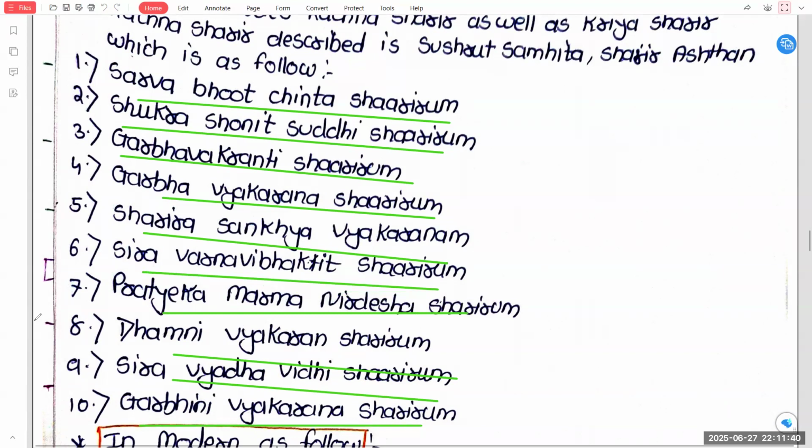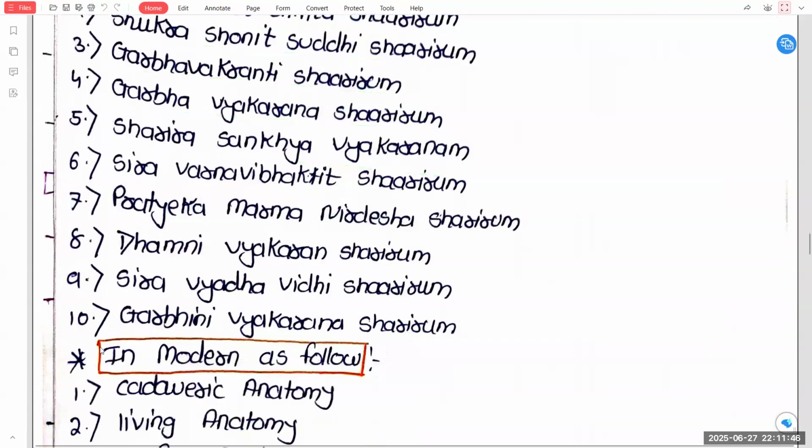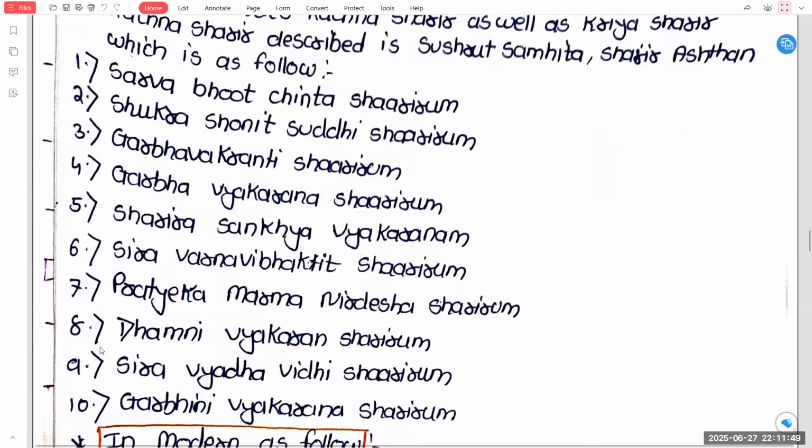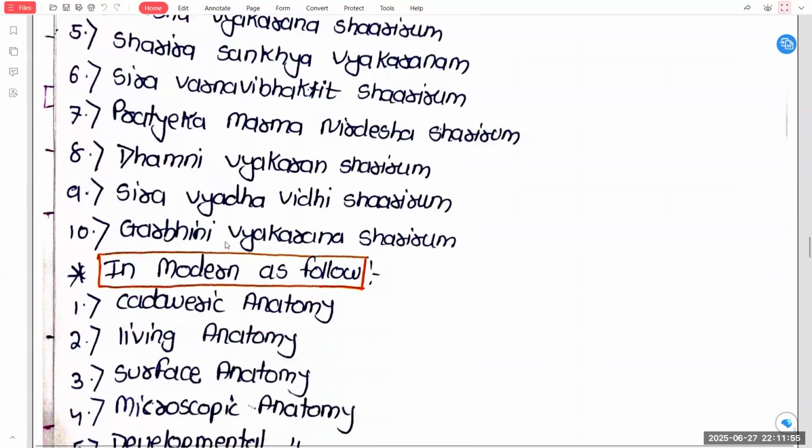So, these were the 10 chapters, or I can say adhyay, of Shushruta Samhita Sharirsthan. And this is how Sharir Shastra is divided in our Shushruta Samhita.